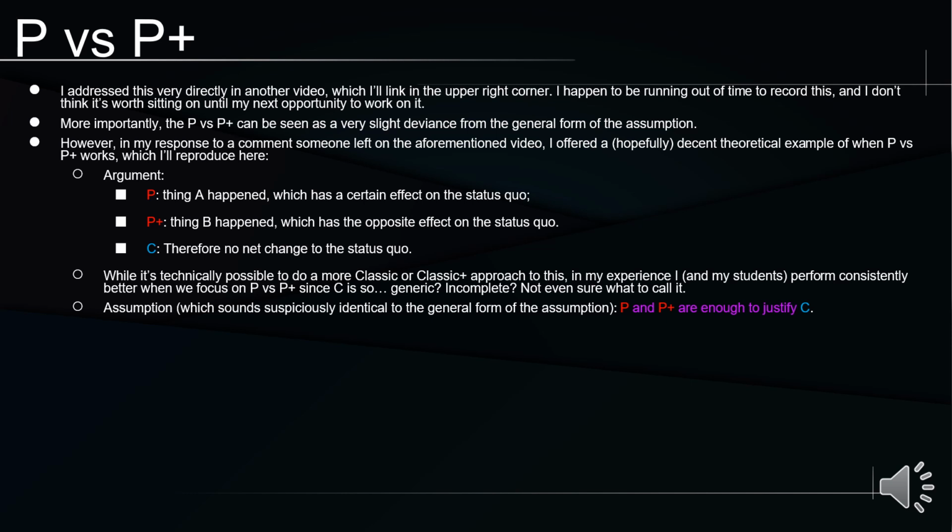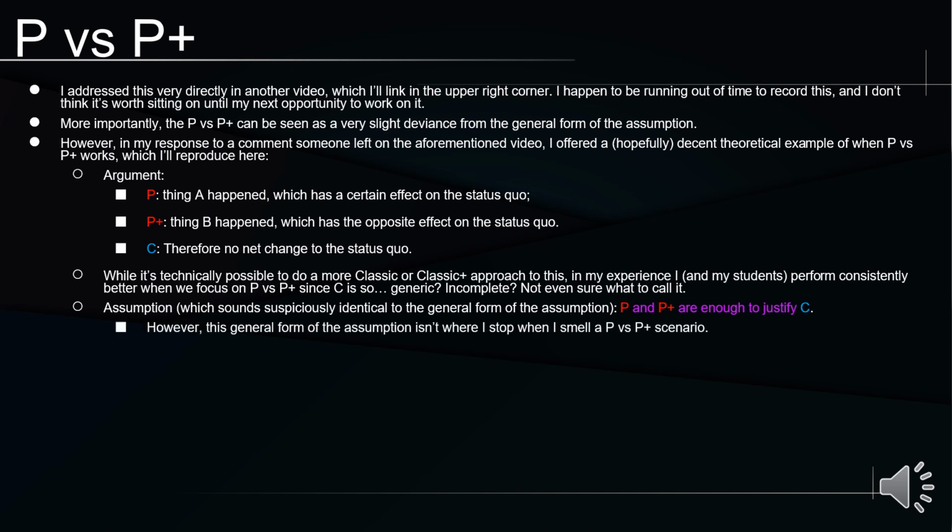The assumption in this case, which you should think sounds suspiciously identical to the general form of the assumption, is that P and P plus are somehow enough to justify C. So that is quite literally just replacing some of the terms in the general form of the assumption with P, P plus, and C. That's all that this is.